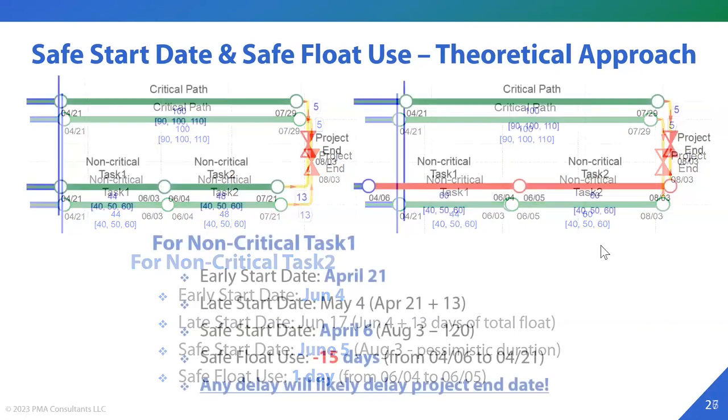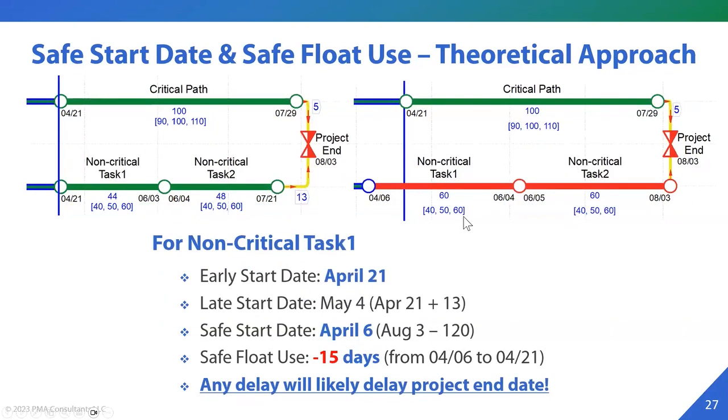We can use the same process on non-critical task 1. Just in this case, we will use the pessimistic durations on both non-critical task 1 and task 2. And over here, we come up with a safe float use for non-critical task 1 of -15 days.